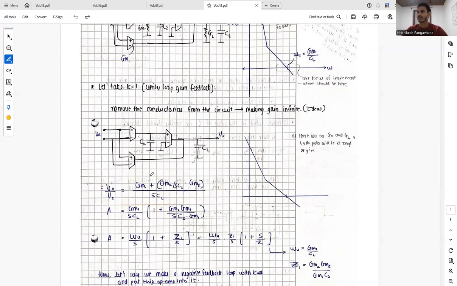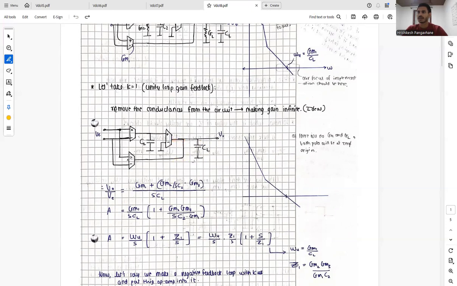Thus we can derive our transfer function V naught by VE, which is GM1 plus GM2 by SC2 times GM3, divided by the total impedance by the output capacitor CL. Over here in this capacitor there are two current paths, one from here and one from here.